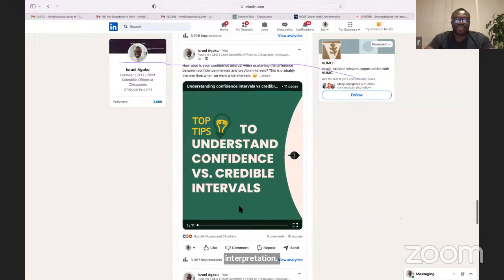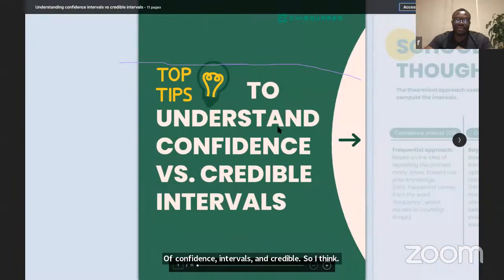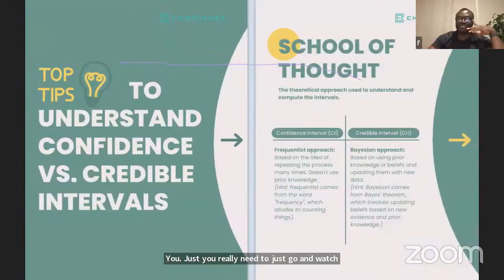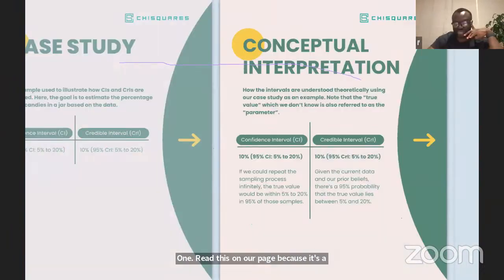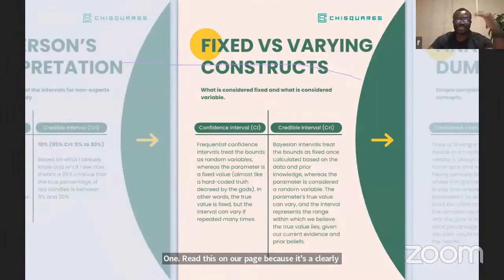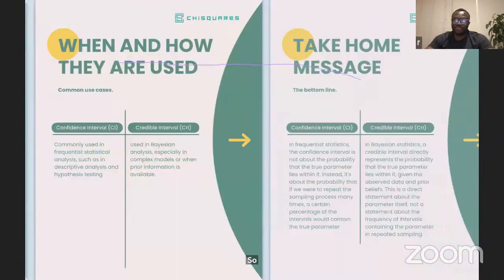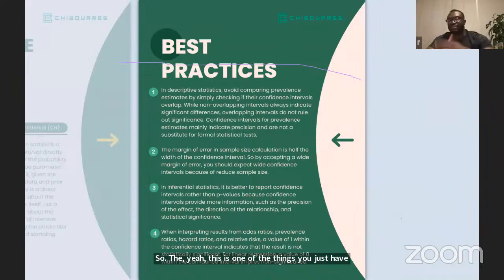So I think you really need to go and read this on our page, because it's clearly explained with examples and case studies and everything. This is one of the things you just have to go and read, because we've already explained it very carefully, along with the best practices for using credible intervals versus confidence intervals.